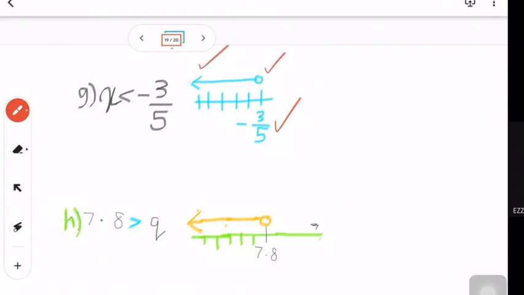H, 7.8 is greater than Q. So, in other words, if you write the converse, Q is less than 7.8. Okay, betul dia belah kiri kan? Belah kiri lah, dia is less than.